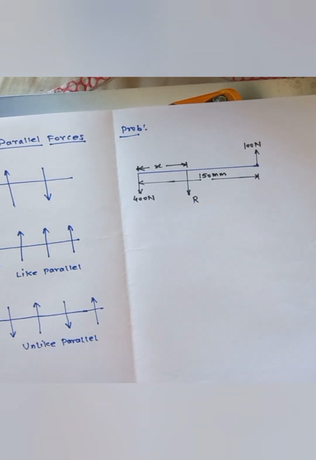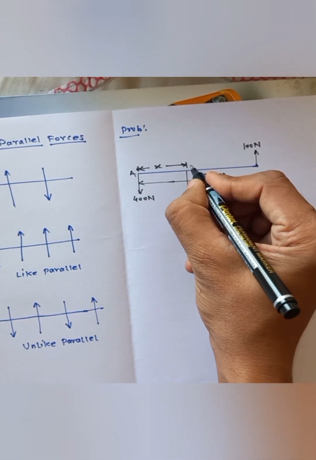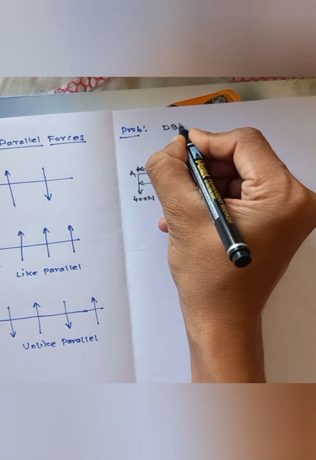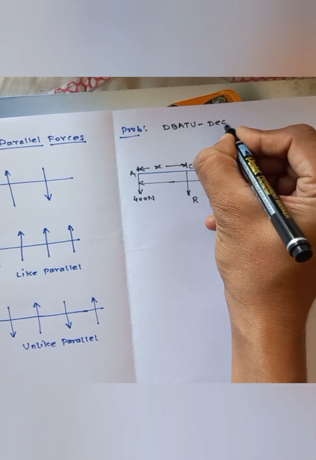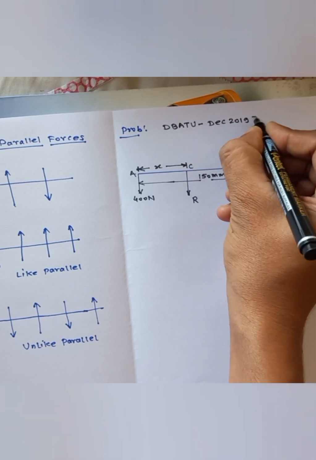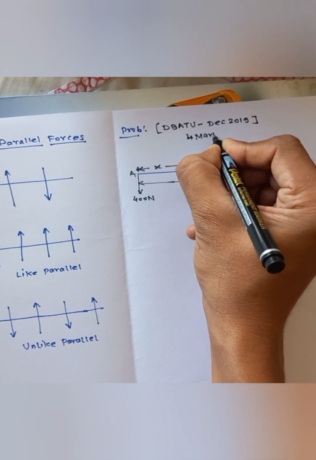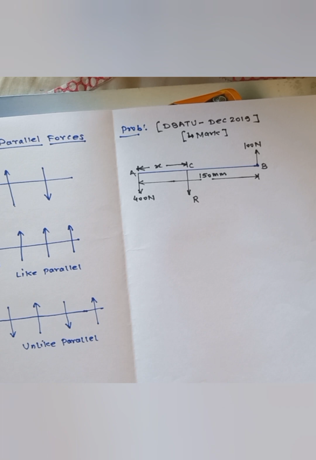So this problem appeared in D/2 exam December 2019. This is for 4 marks. This is a small problem actually, and that's why it used to come for 4 marks only.